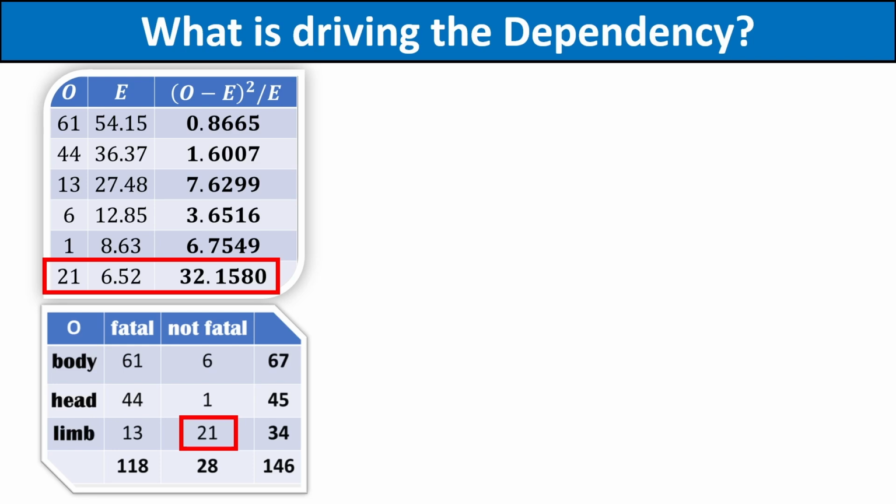If the null hypothesis was true, if the fatality and location were independent, we would expect to see, in a sample size of 146, 6.52 patients in that contingency on average. So that's much, much smaller.